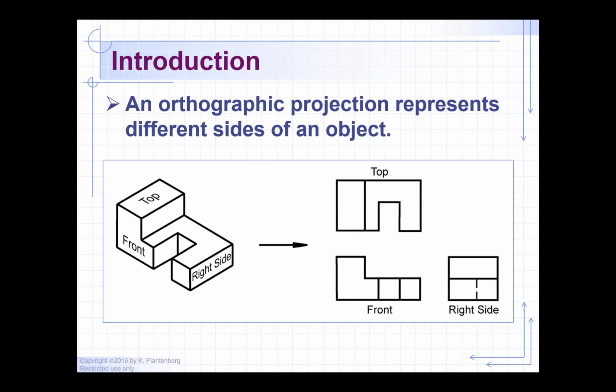So if you see this 3D representation on the left, we've kind of got the sides that represent those views. You can see across the top, and then we have the front, and then we have the right side. So that's your typical representations that you would see. If you take this part and you look straight at it from the top, you see that rectangle on the left and that kind of C shape, that sideways C shape on the right. Does everybody see those shapes?